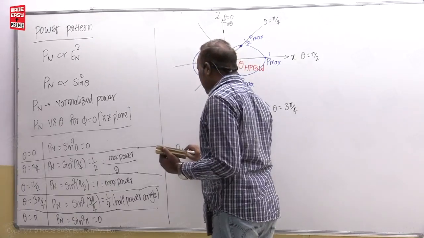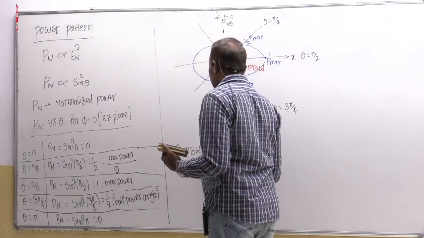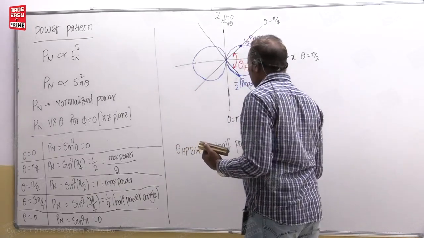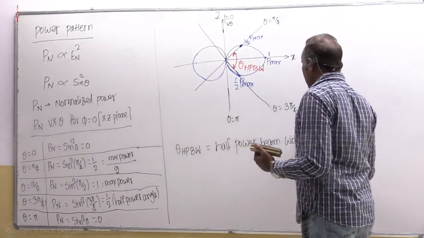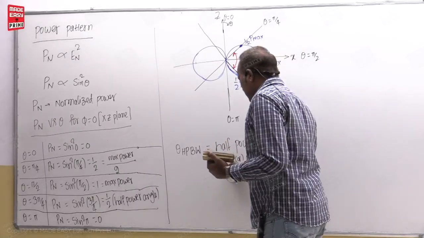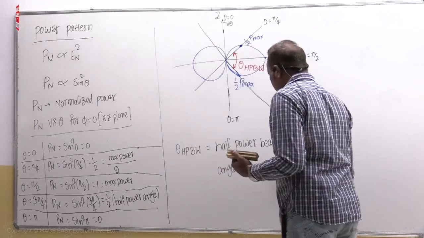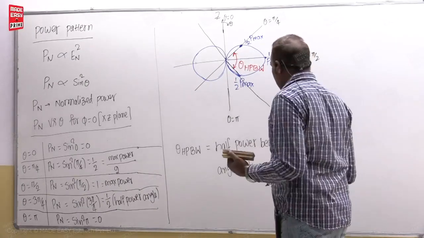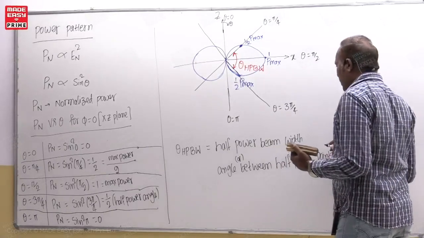First of all, I will write half power beam width. This is called simply half power beam width. This is also called the angle between half power points.